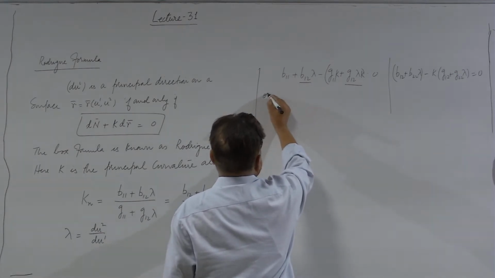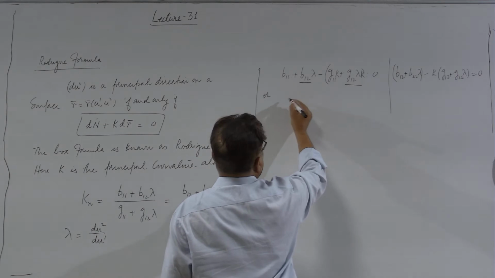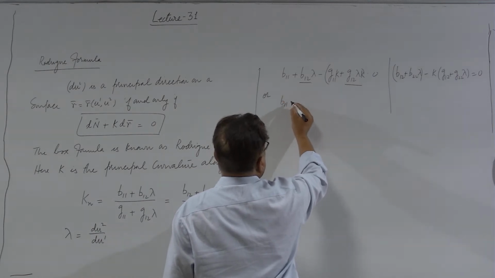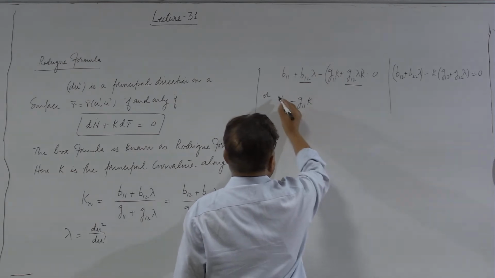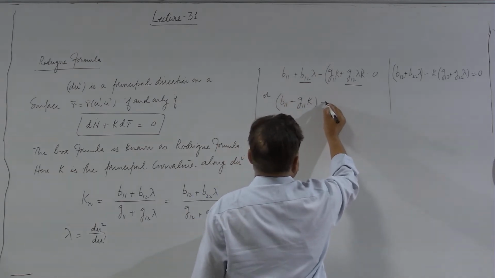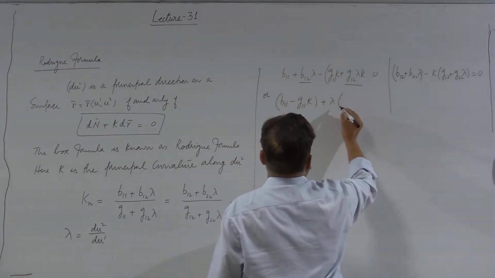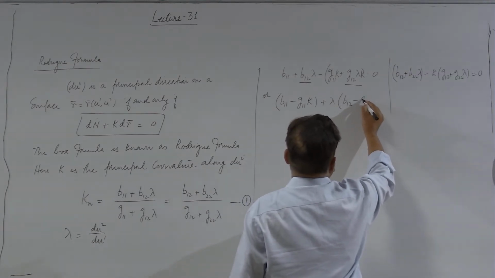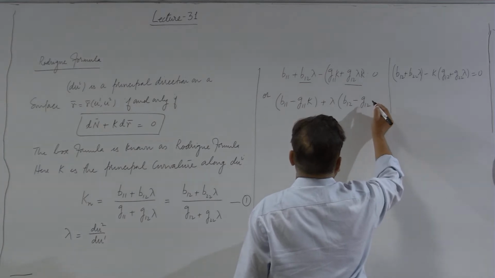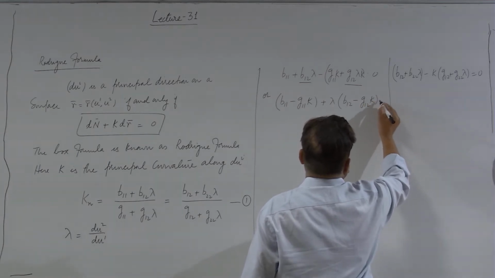So, B11 minus G11 times k, plus lambda times B12 minus G12 k, equal to 0.